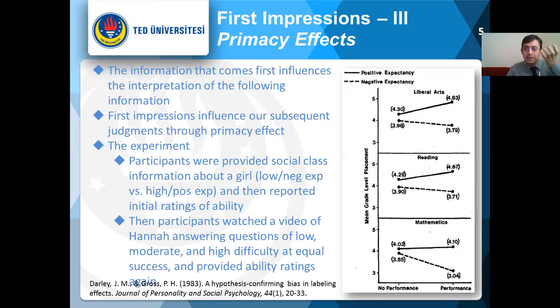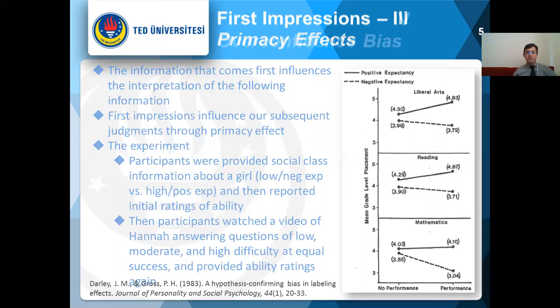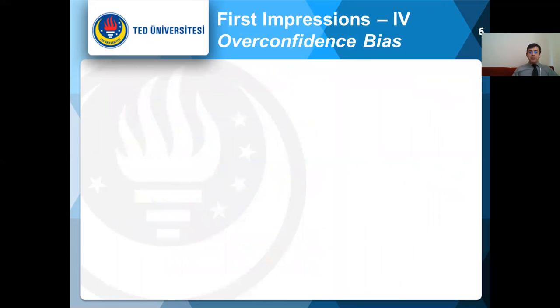Because they had a negative first impression, actually, and this first impression led them to selectively attend to the questions that Hannah couldn't solve, and they assimilated this information to their first impression. Now, this is a kind of inferential bias, and similar biases can be observed in the relationship context, involving also romantic relationships, okay? In romantic relationships, these biases influence our evaluation of our partners, actually.